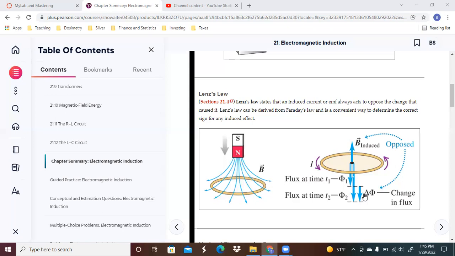Kind of weird, right? So this again is nature wanting to resist that particular change. It is wanting to resist the idea that the flux is increasing in this direction and therefore creates its own current to push back by generating a magnetic field that pushes in the other direction. Kind of weird, isn't it?